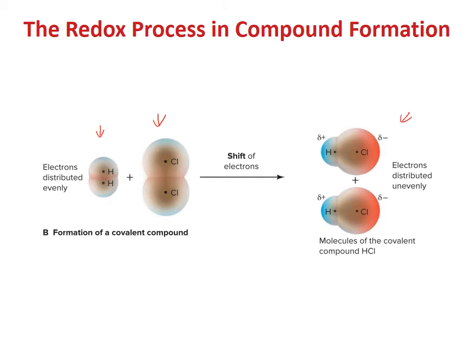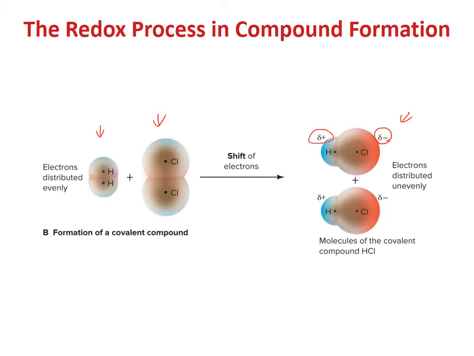And hydrogen chloride is a polar molecule because hydrogen and chlorine have different ability to attract electrons. There's an electron shift from hydrogen to chlorine, and chlorine has more electron density and becomes partially negatively charged, and the hydrogen atom is partially positively charged.